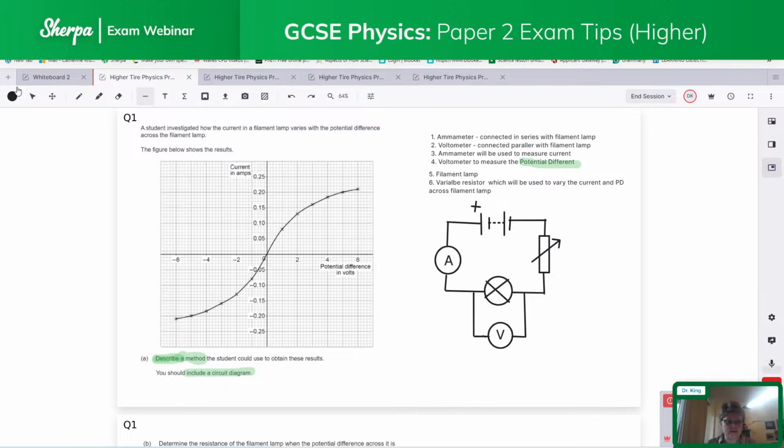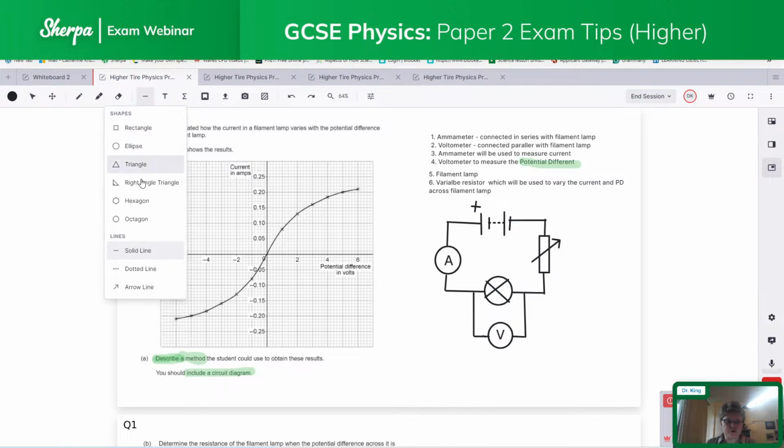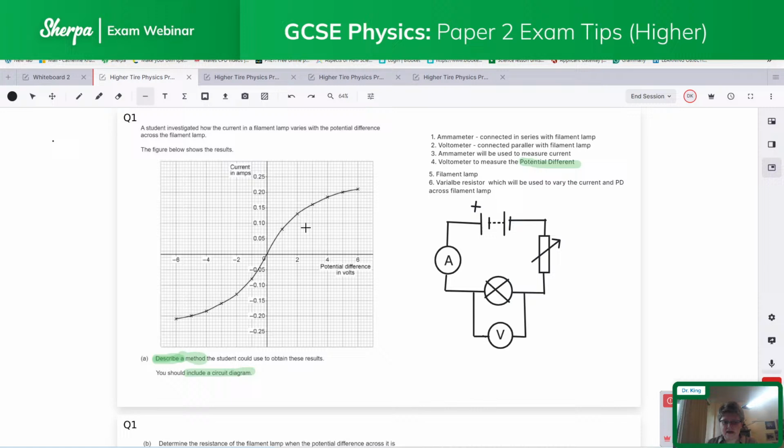Obviously, if you make any mistakes in it, you will lose some points. But to obtain that curve, you need to regulate the potential difference, reading the current and the potential difference from the voltmeter. So what are the next steps?